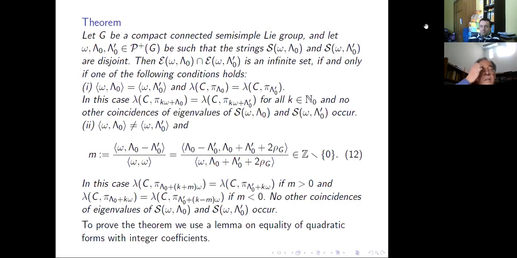And the second condition is more complicated. In case omega lambda naught is not equal to omega lambda prime naught, then we must have the equality described in 12.